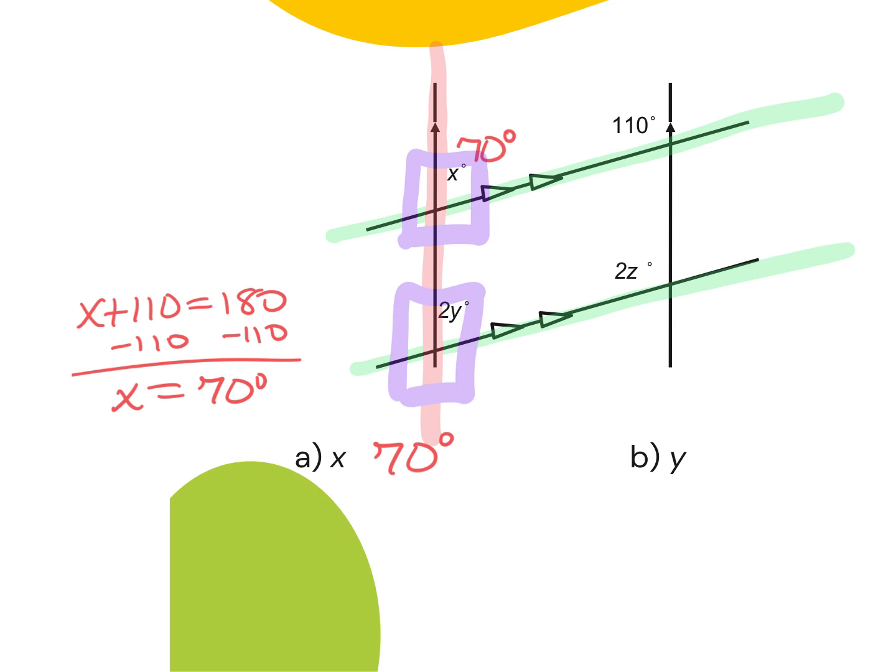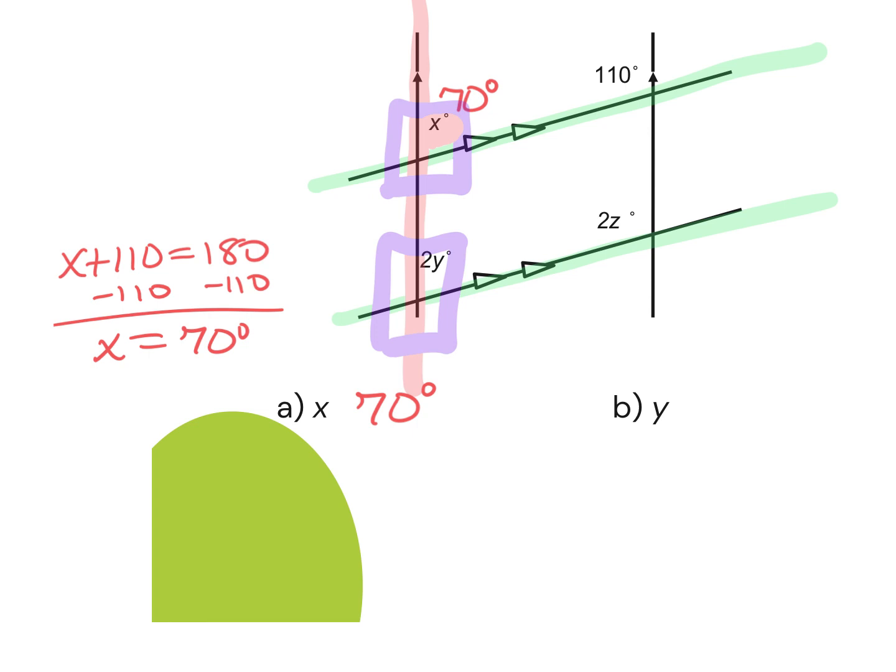Notice they're both in the same area of the box. So these would be, Gabrielle, corresponding angles. What do we know about corresponding angles? They're congruent. Good. Okay, so what I can do is I already found the value of x, so I'm going to set 2y equal to 70.